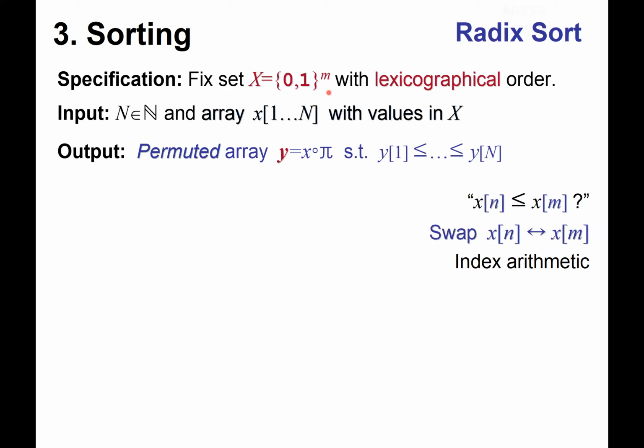Lexicographical order means that the first bit determines whether two strings are smaller or larger if the first bits disagree. If the first bit agrees, then we look at the next bit to see which of the two strings is larger or smaller with respect to lexicographical order.